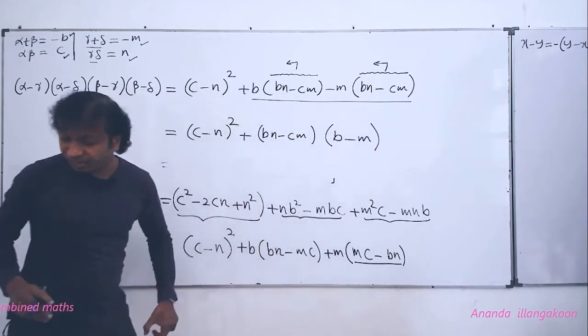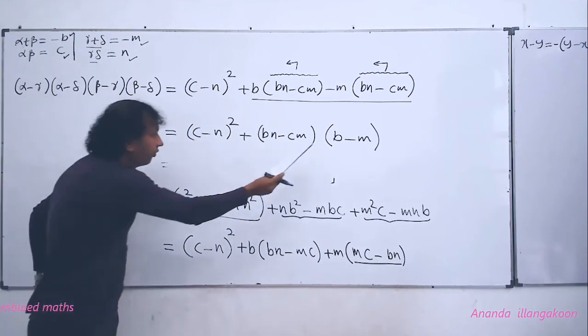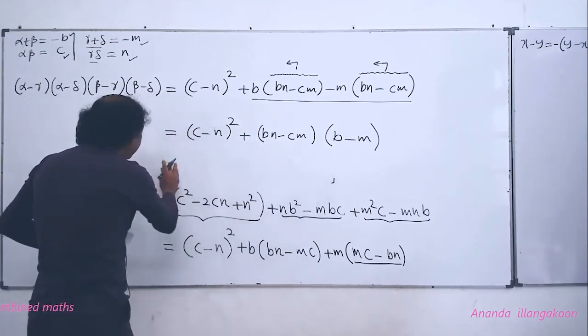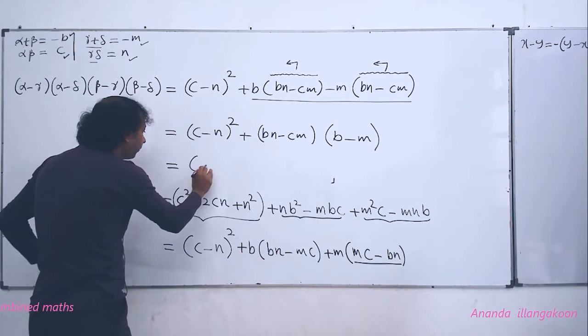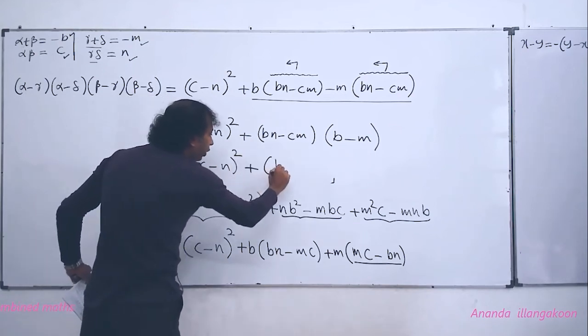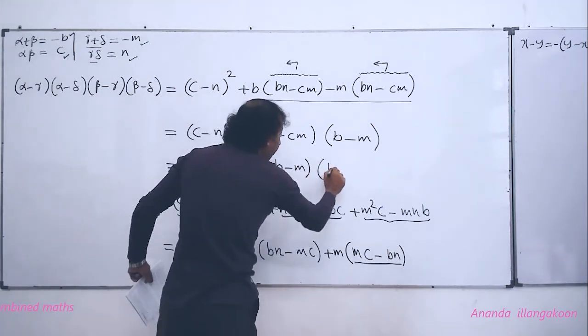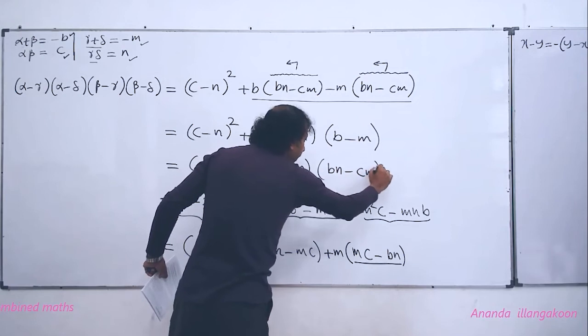Okay, what's the answer there? Yeah, this B minus M available at the beginning, no? Right, we'll write it when we get that answer. C minus N perfect squared plus B minus M times Bn minus Cm.